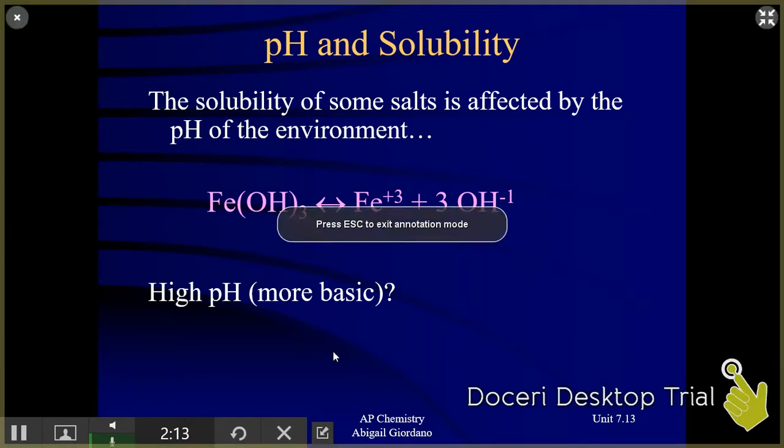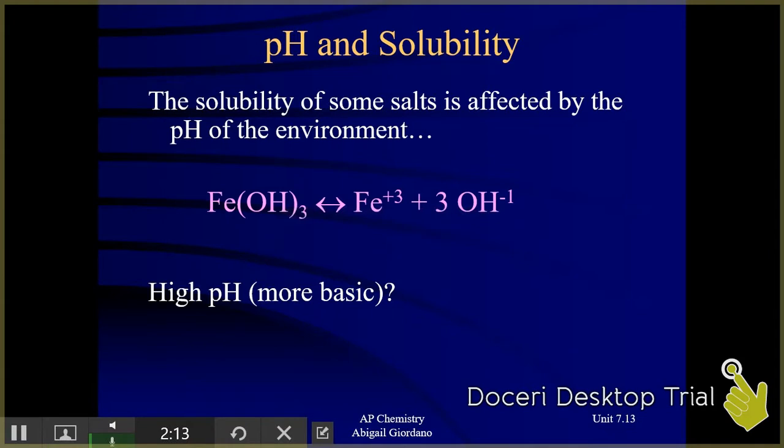So I want you to imagine if I am trying to dissolve this particular salt, iron(III) hydroxide, in an environment where there is already quite a bit of hydroxide, this is a common ion effect issue. Imagine it's like increasing the molarity of hydroxide ion. And what is that going to do?